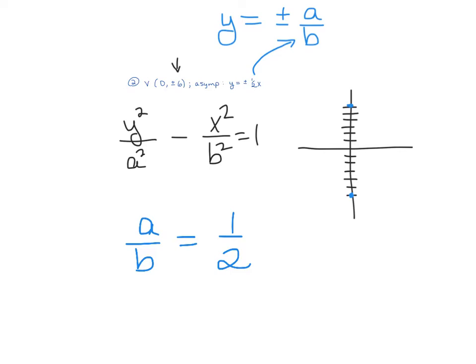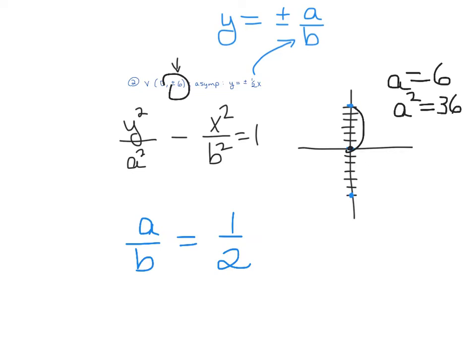And the way that I'm going to find out the b value is I already have an a value from the beginning, because remember the distance from the center to the vertex is your a value, and I can see it right here, it's 6. So my a is 6, so a squared is 36.